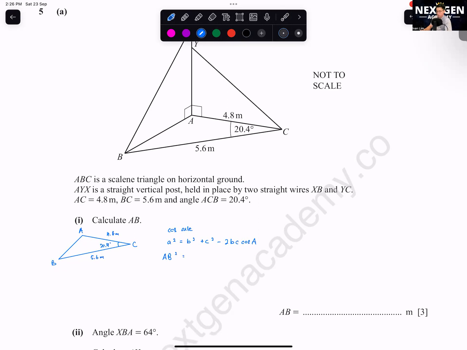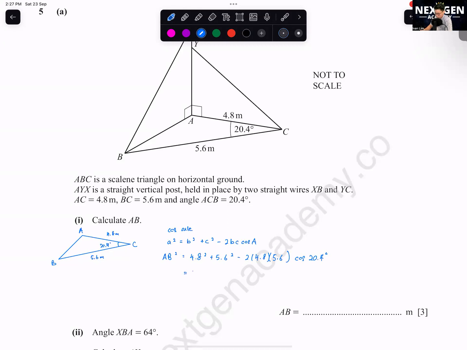AB square equals to 4.8 square plus 5.6 square minus 2 times 4.8 times 5.6 cos 20.4 degrees. One thing, always make sure that the mode of your calculator is correct. Make sure it's in degree mode. If not sure, reset your calculator first.